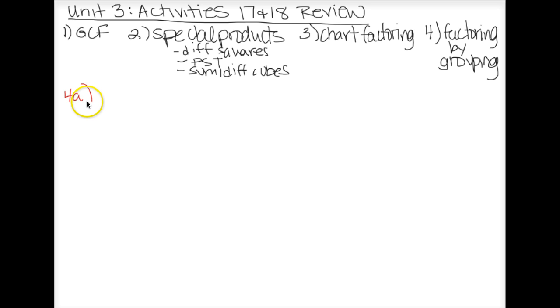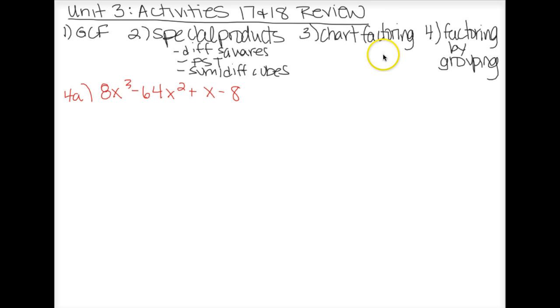So 4A's original problem, I had 8x cubed minus 64x squared plus x minus 8. So first I look for a GCF. I do not see one because this term is not divisible by 8 and this one is not divisible by x. So no GCF. I know it's not a special product because it has 4 terms.